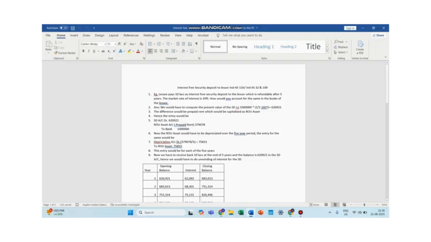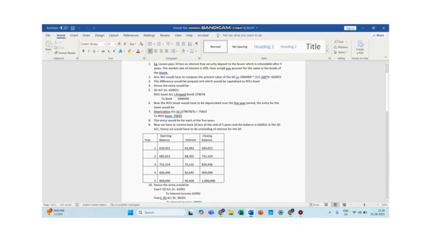Now 683013 would be the opening balance. If we compute 10% on that, 68301 would be the interest amount, and 751314 would be the closing balance. 751314 would be the opening balance for the next year, that is the third year, and 10% of that would be 75131, and the closing balance would be 826446.